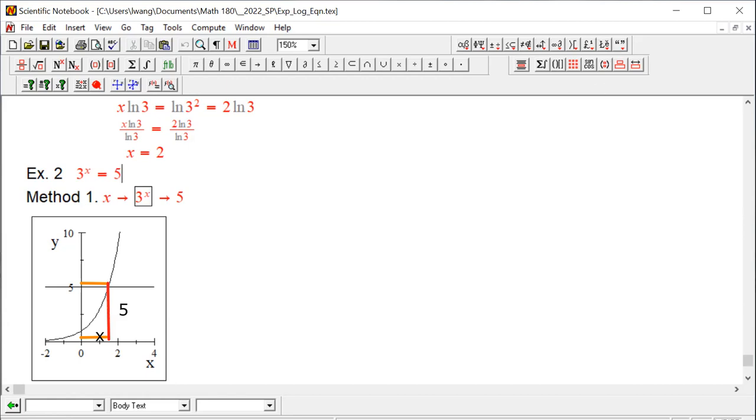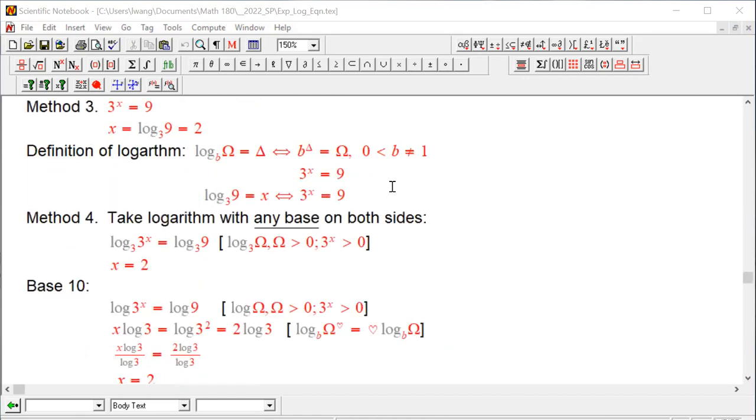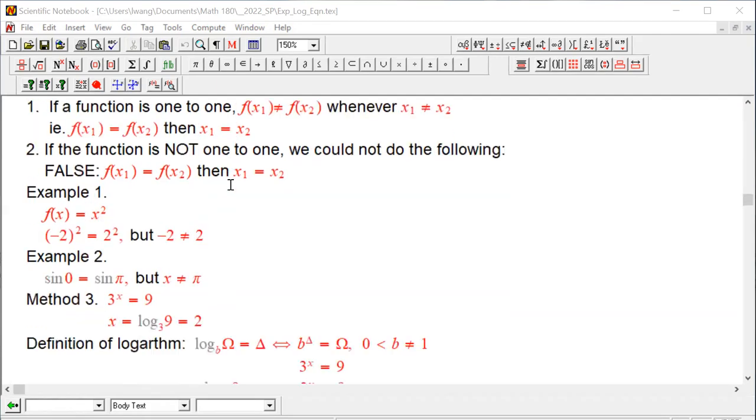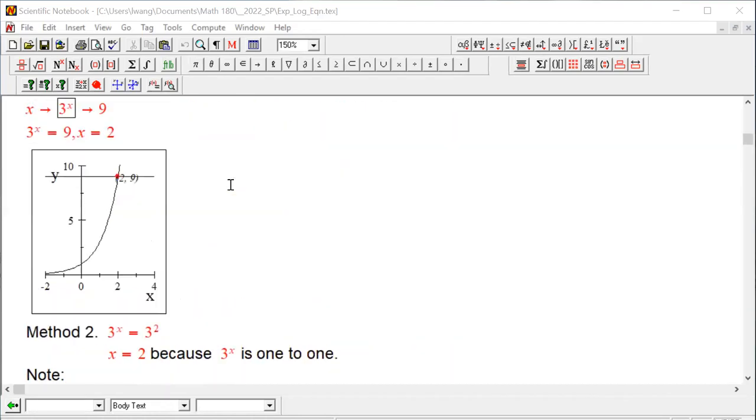Well, here I do have some ways to show you. How about we try the second method? Actually, it's not the second method, it's not.